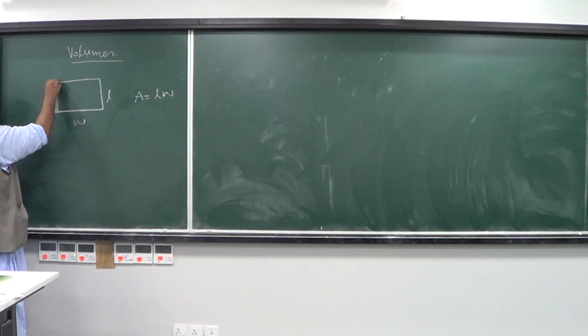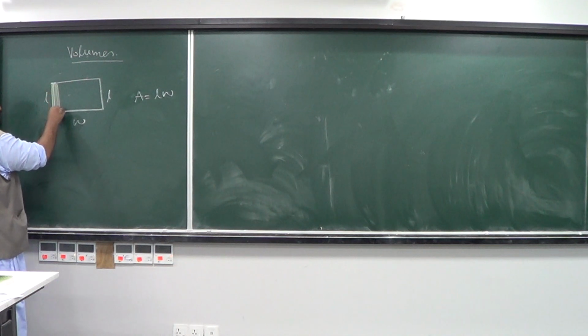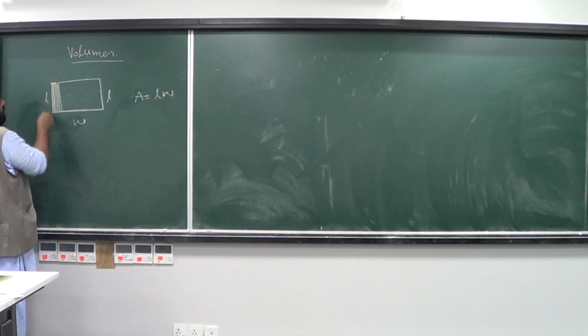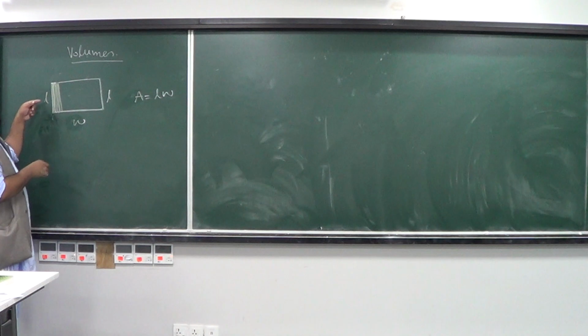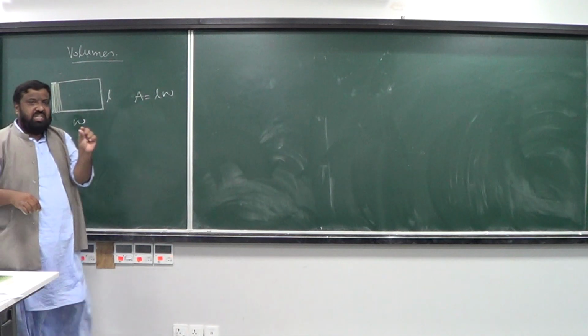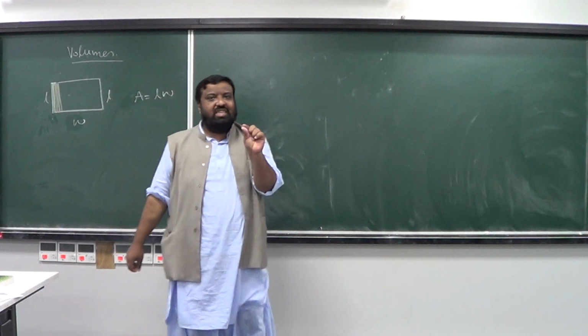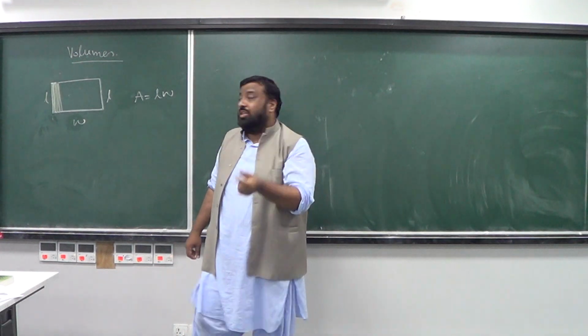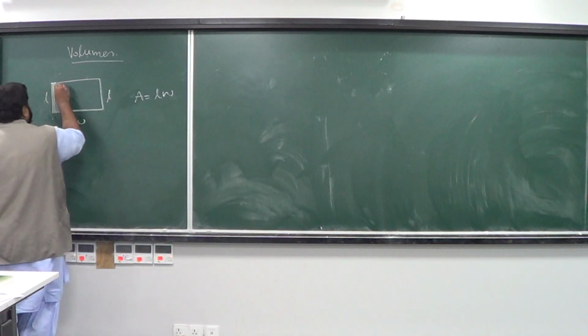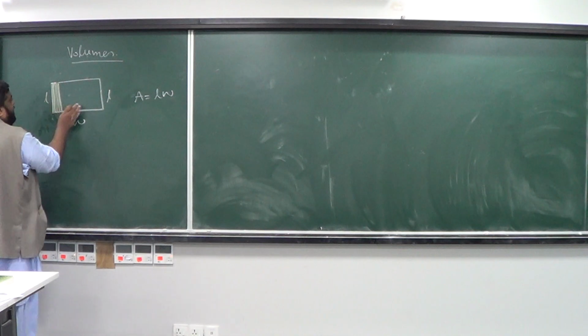So these are really the sticks. Let's assume that each stick has length L and a really tiny width, a small unit. How many sticks do you need to fill this entire area?